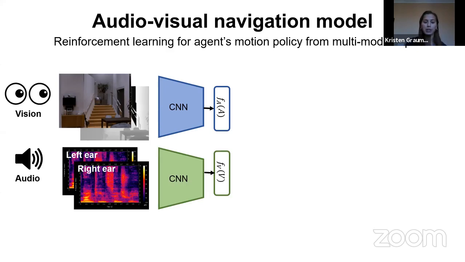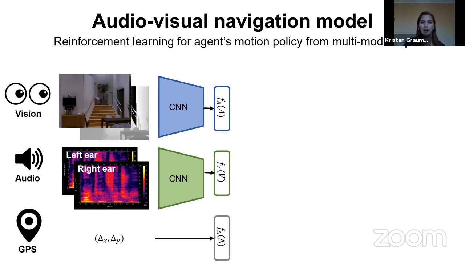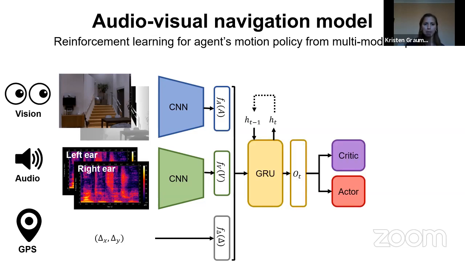But we also have audio, so we can hear from the left and right ear this binaural sound. And these are the spectrograms coming in as input. And finally, optionally, we have some GPS sensing to keep track of our own odometry and where that pointer to the goal is.